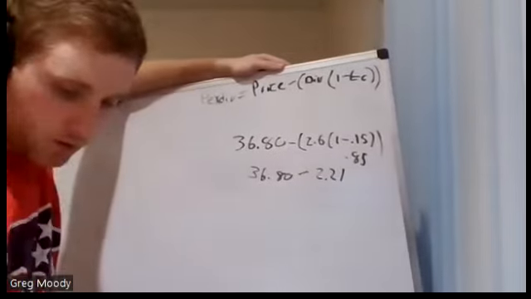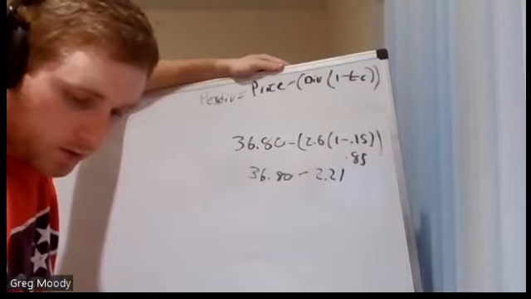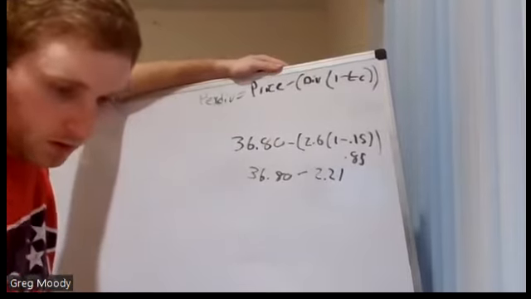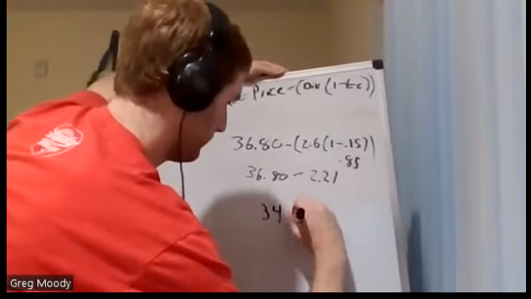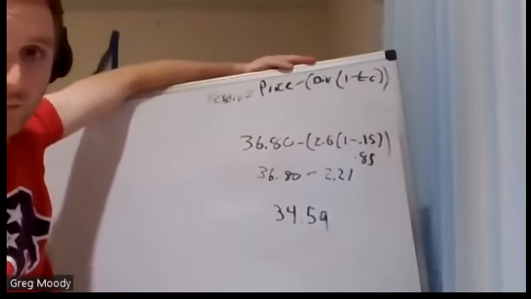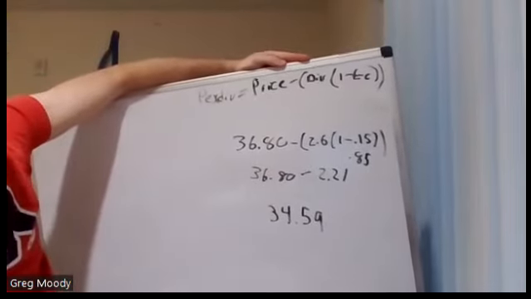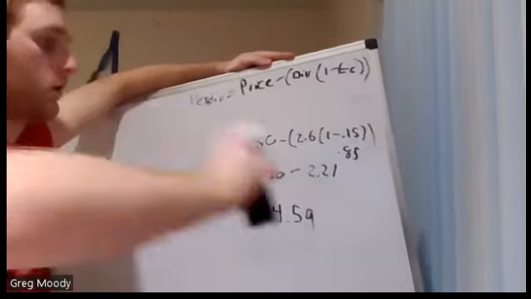And then we take that away from our price, 36.8 minus 2.21 equals 34.59. Any questions on that?